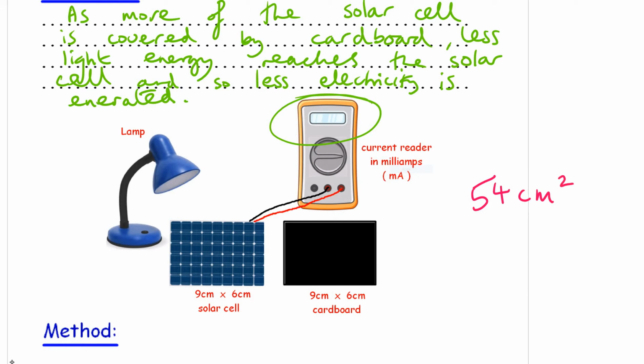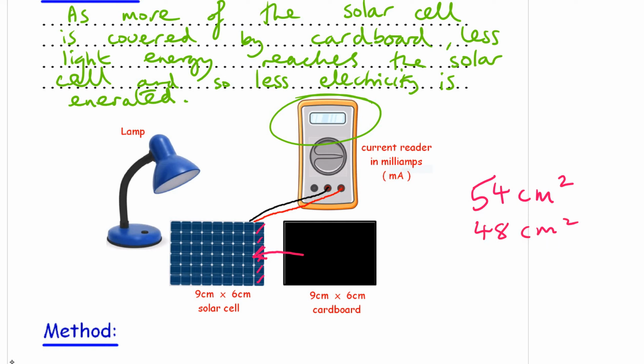We will be moving this piece of cardboard 1 centimeter along at a time, which means 1, 2, 3, 4, 5, 6 centimeters squared will be lost. So it's not 54 centimeters squared now. 6 centimeters squared has been covered by cardboard. So the remaining is 48 centimeters squared.